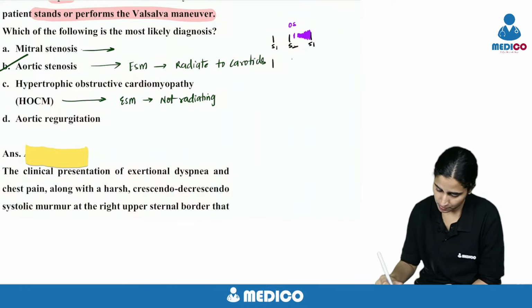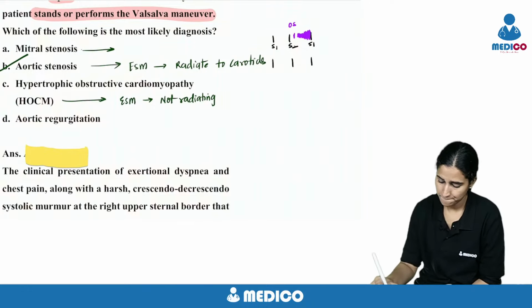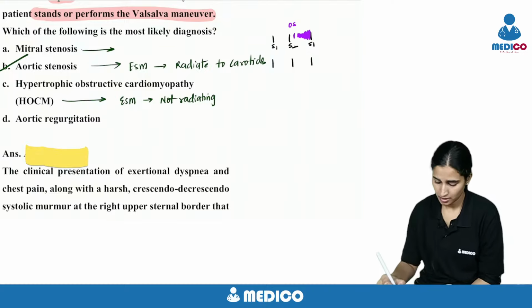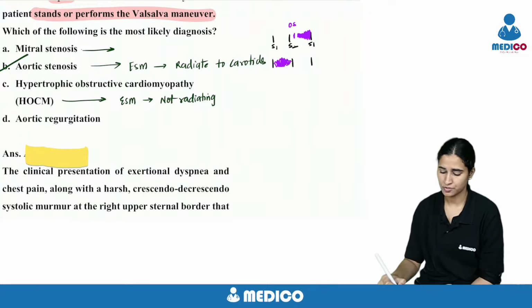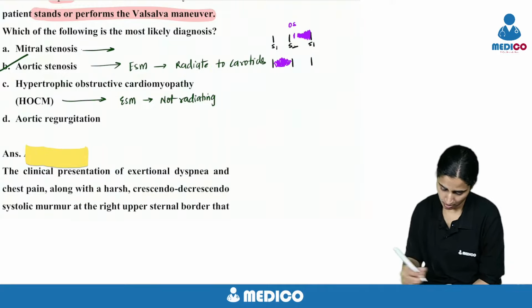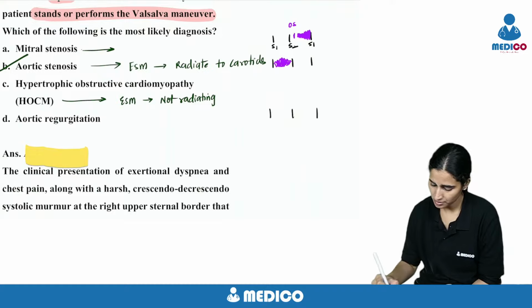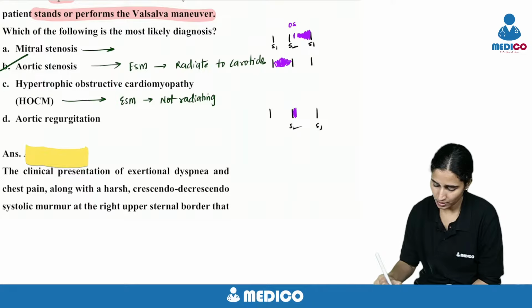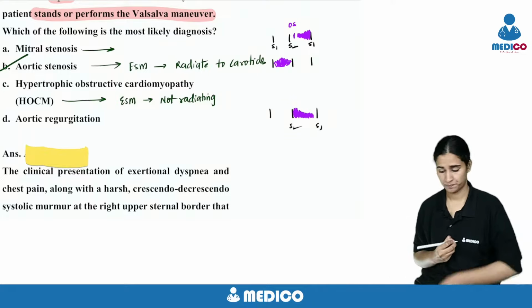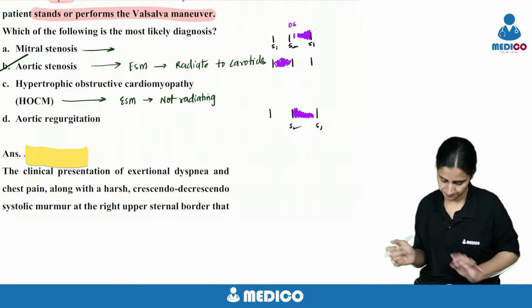And aortic stenosis, it is a crescendo-decrescendo ejection systolic murmur. Coming to aortic regurgitation, it is an early diastolic decrescendo murmur. You got me right?